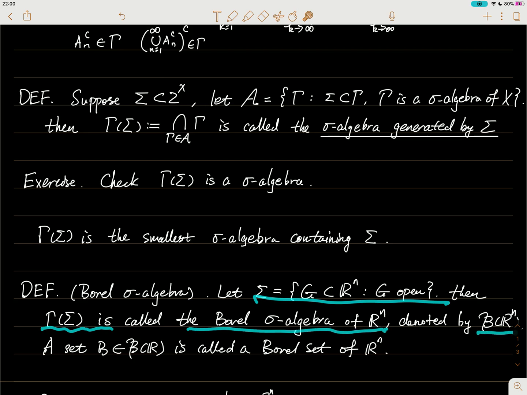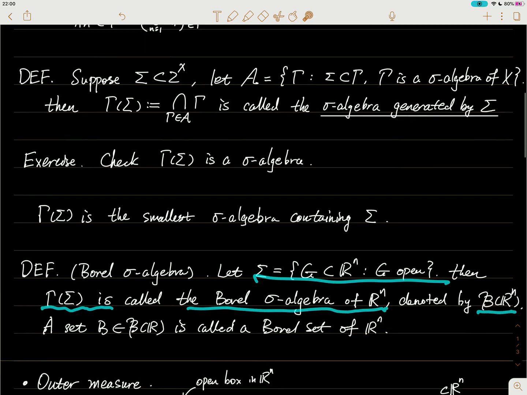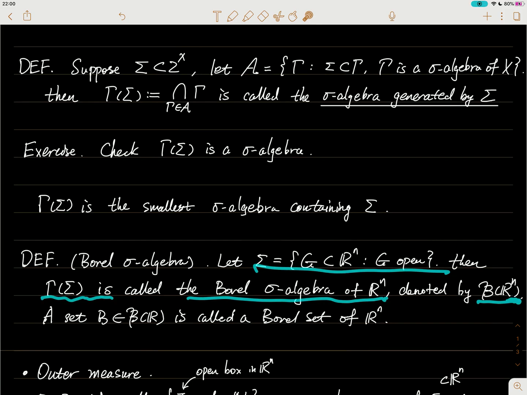This is usually denoted by the script B of Rn, or sometimes just a script B. A set in this Borel sigma algebra is called a Borel set, so it's just a Borel subset of Rn. It could be a very complicated set because of the way that we can generate the sigma algebra, but a set from there is called a Borel set.